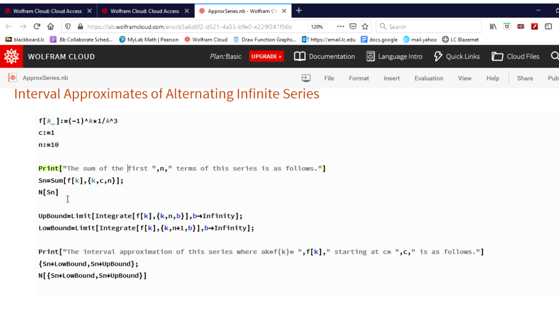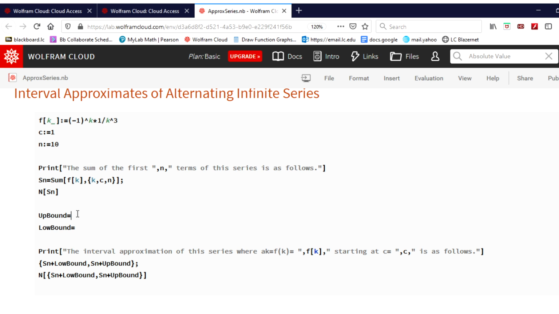That is going to be given by the value of s sub n here, right? Which can be numerically approximated this way. But what then also changes are these lower and upper bounds, right? Instead of using the lower and upper bounds given by the improper integrals, keep in mind we're just going to use the nth plus 1 term in our series, the absolute value of the nth plus 1 term in our series. So here I might take, let's see here, we're going to have to take the absolute value.